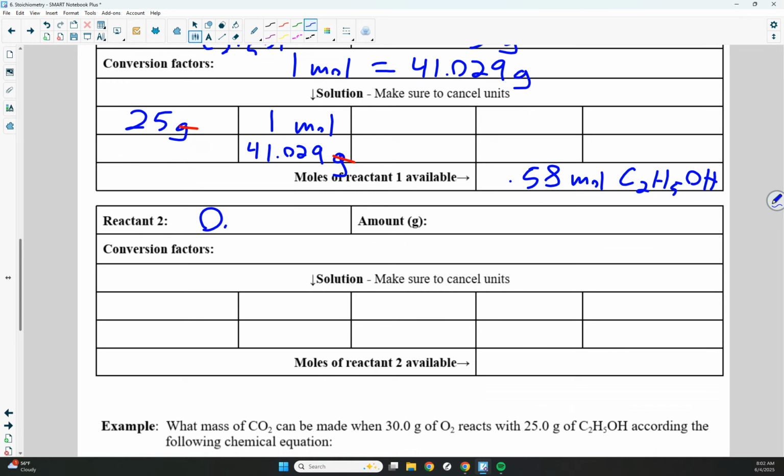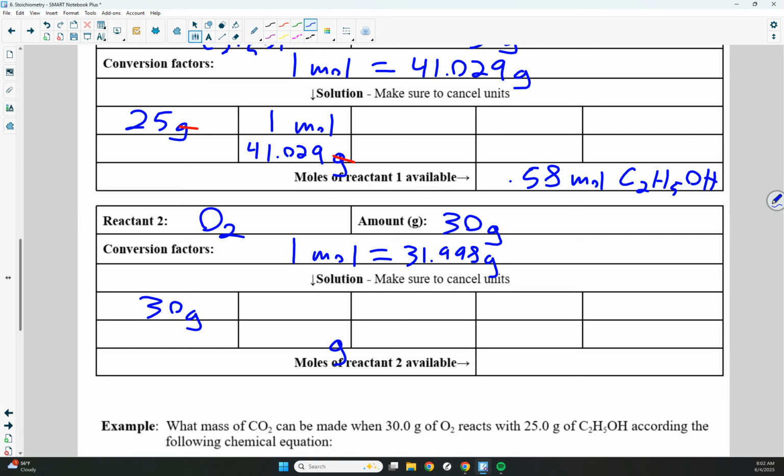Reactant 2 is oxygen, and I have 30 grams of that, which again I got from the question itself. The molar mass of O2 is 1 mole of O2 equals 31.998 grams. So just like with reactant 1, I'm now going to convert my mass of oxygen in grams into moles.